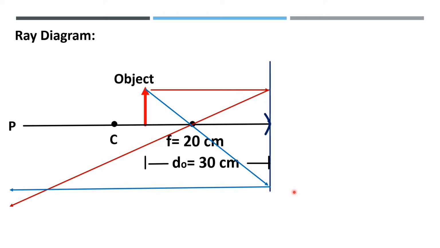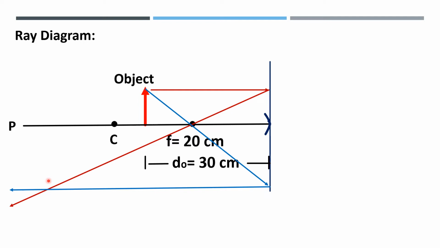Notice that the two reflected rays, the red one and the blue one, intersect at this point. You see the cursor? That is the point of intersection of the two reflected rays. And what does that represent?